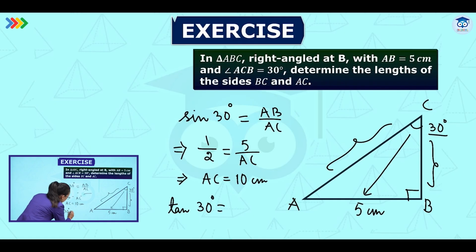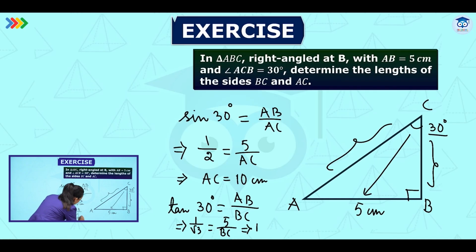So, I'll use tan 30. Tan 30 is opposite AB upon adjacent BC. Tan 30 value we know, 1 upon root 3. AB we know it's 5. Now we want to find BC. So BC will be 5 root 3 centimeter.